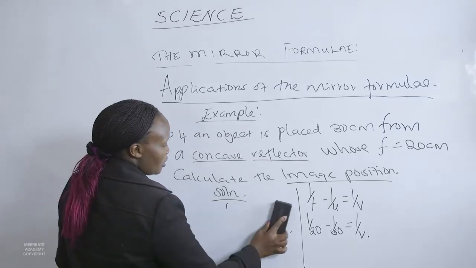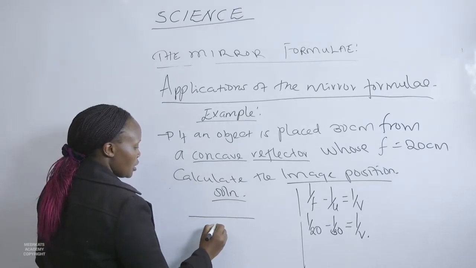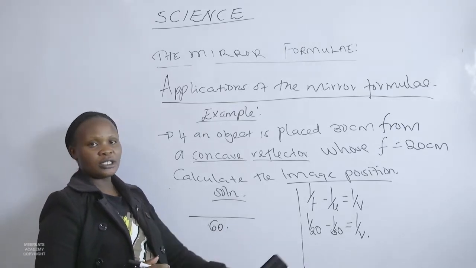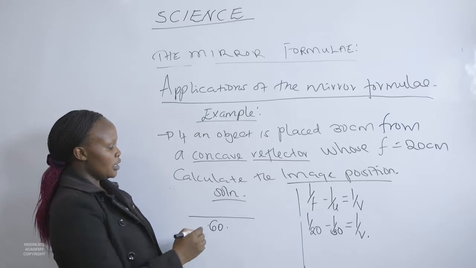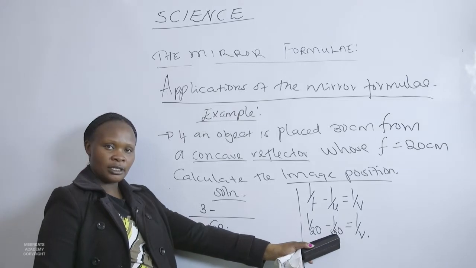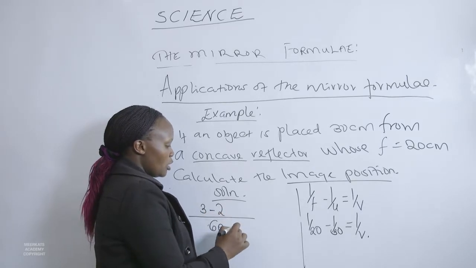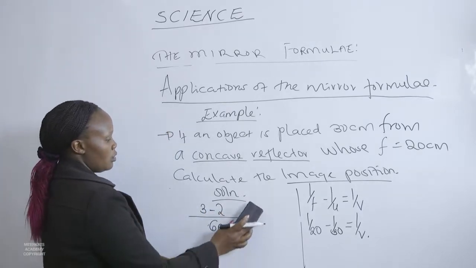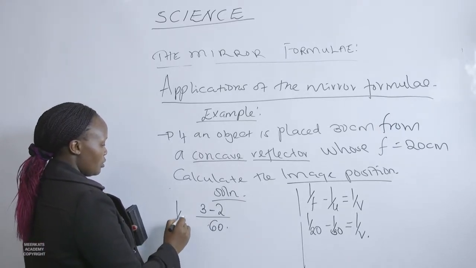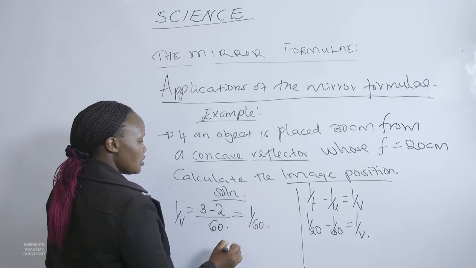Now, let us get the LCM. The LCM of 20 and 30 is actually 60. Then 60 divided by 20 multiplied by 1 gives us 3. 60 divided by 30, and then we multiply by 1 gives us 2. Therefore, 1 over V will be equal to 1 over 60.